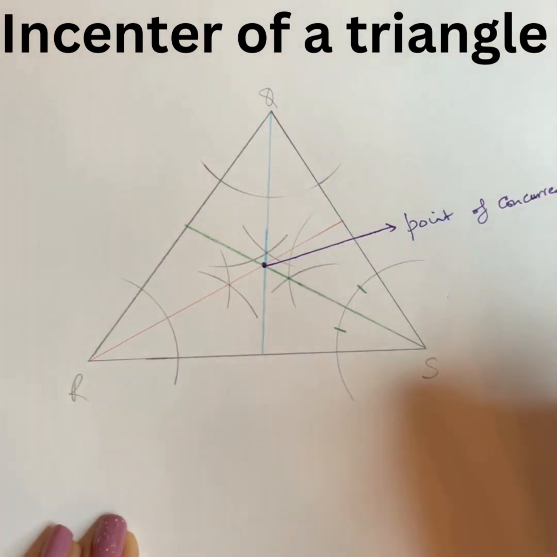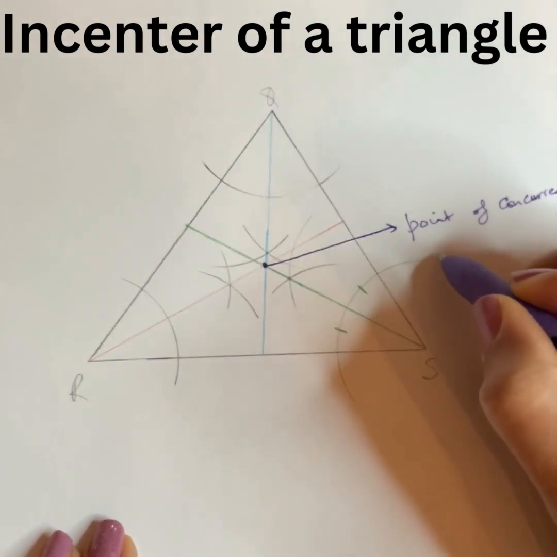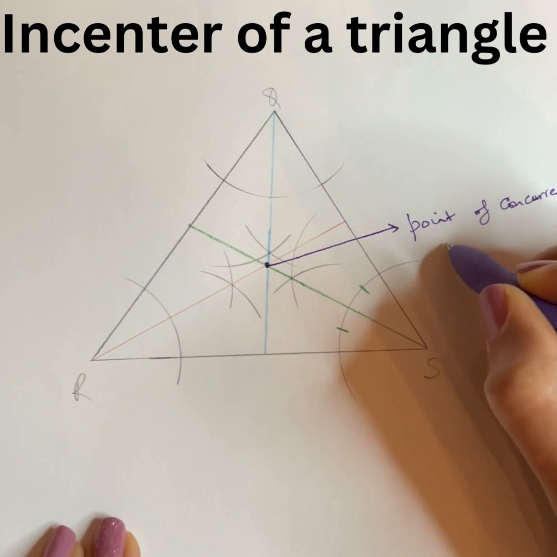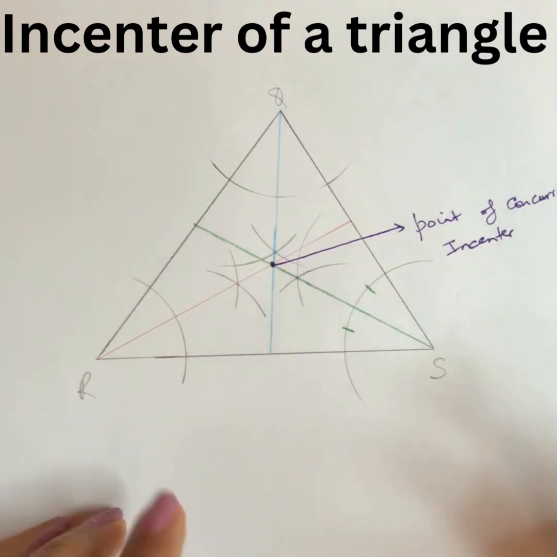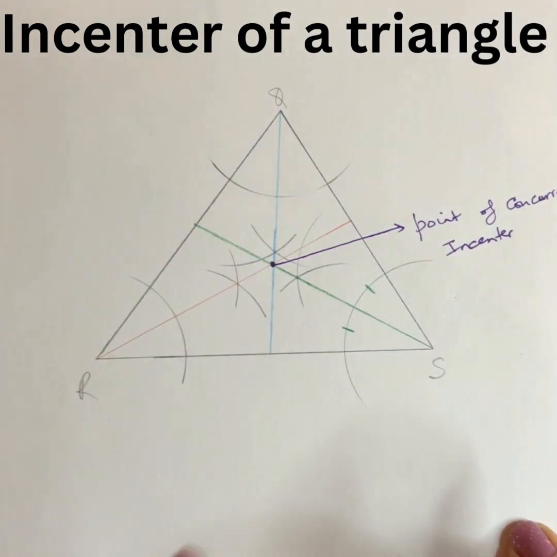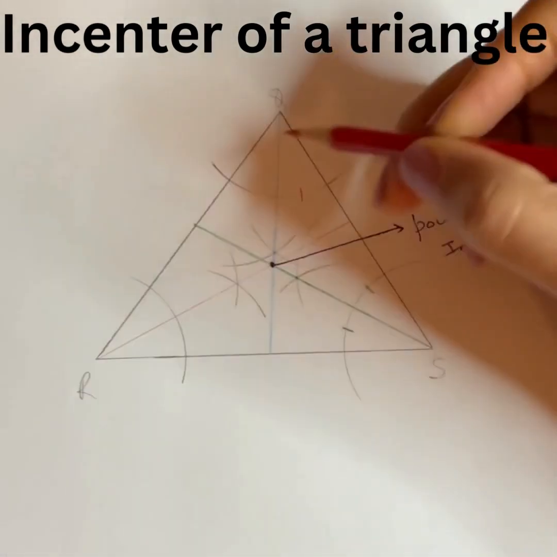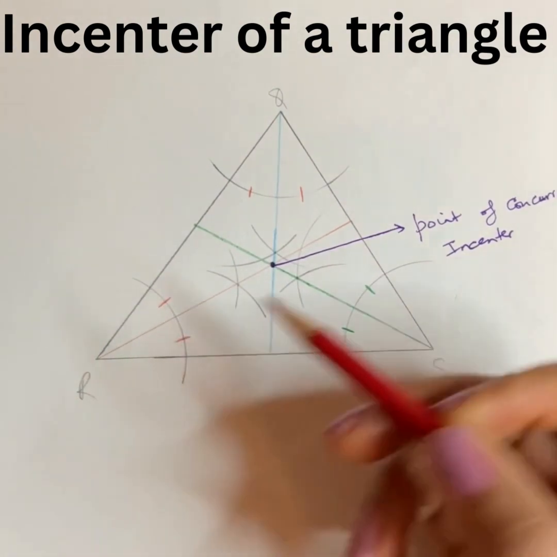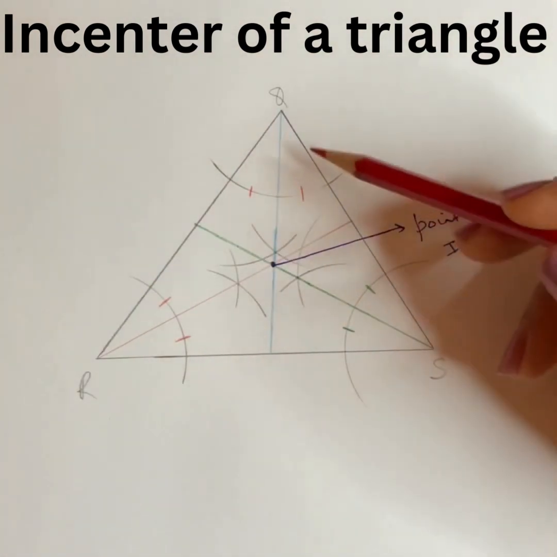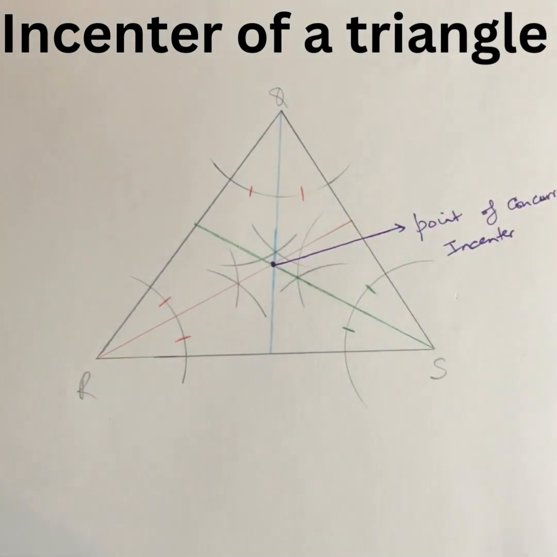Okay, and that point of concurrency is what is known as an incenter, because this is actually three angle bisectors meeting at a point. And we also have to note, remember, as I said, this angle will be congruent to each once we do an angle bisector at each of the vertices.